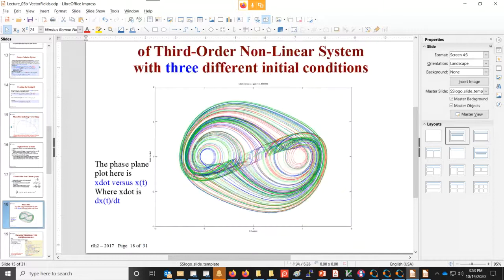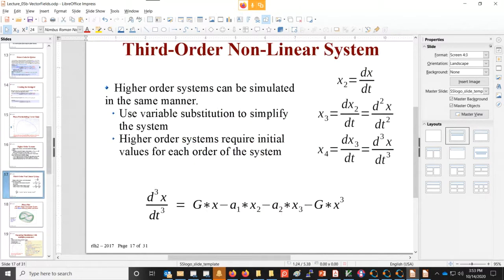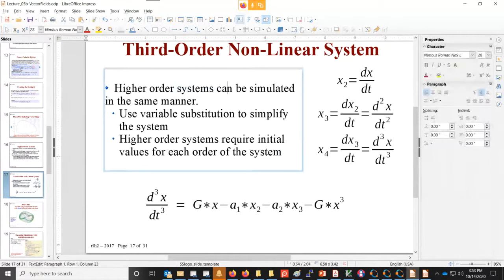Okay. One other thing we're going to be doing here is plotting some higher order systems. So far our systems have been smaller, but one of the systems we're going to simulate is the weather system.